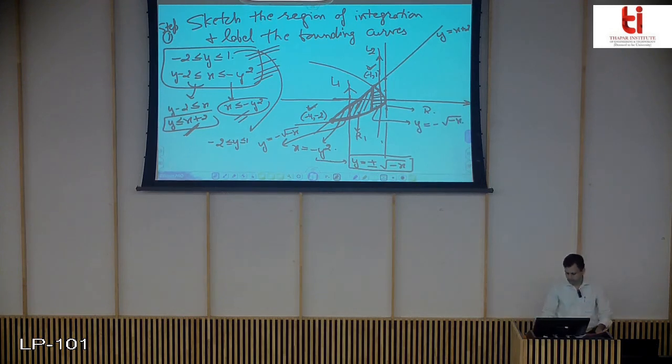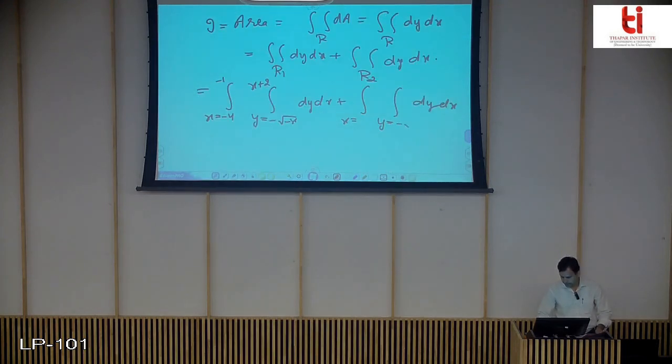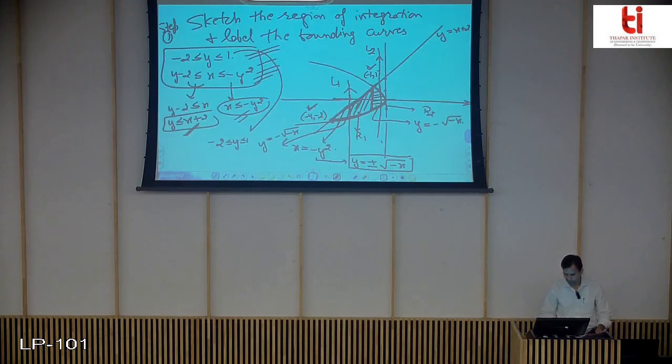For this region R2, they are entering at y equals to minus under root x. However, they are leaving at this boundary, and here y is above x-axis, so y is equal to under root of minus x. Why? Because it is above x-axis, so y is positive.